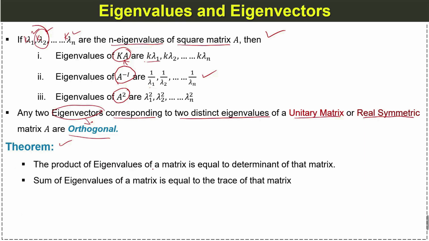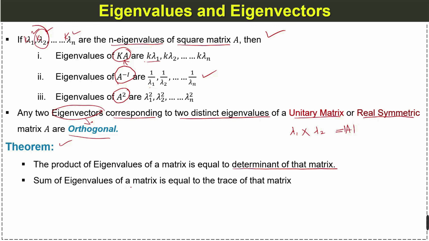Now we have a theorem. The product of the eigenvalues of the matrix is equal to the determinant of that matrix. Say we have two eigenvalues lambda 1 and lambda 2; their product will be equal to the determinant of the given matrix.